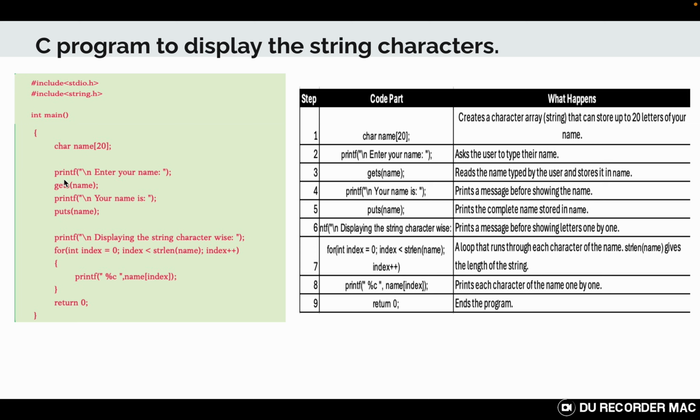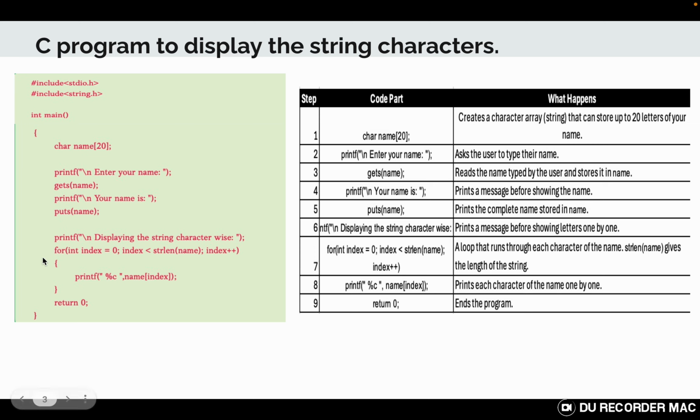So here is the print statement, enter your name, then gets name, it basically works like scanf, whatever the scanf that we used to do. This does the same thing. So here the user enters the name, your name is puts, so puts works like a printf, and it displays what you entered, like if you have entered program, then it will display program.